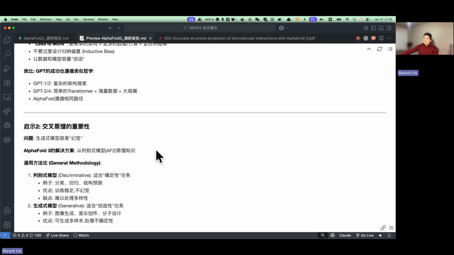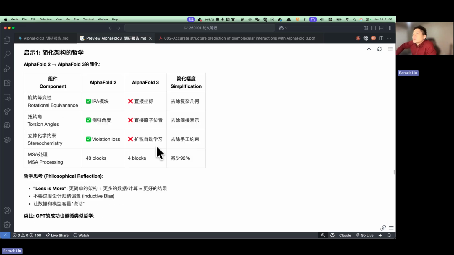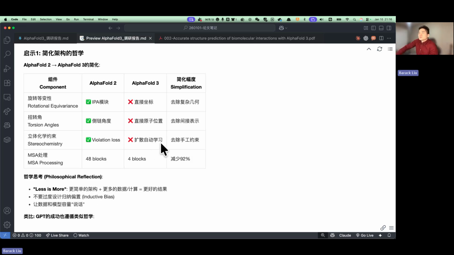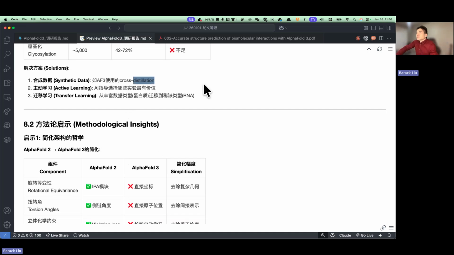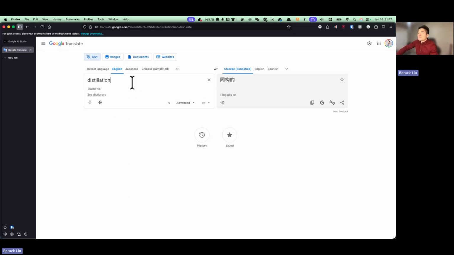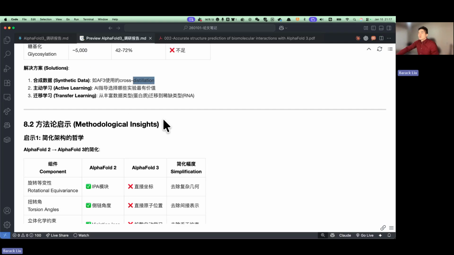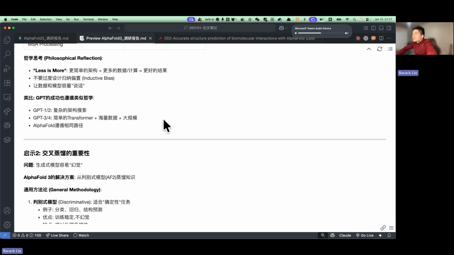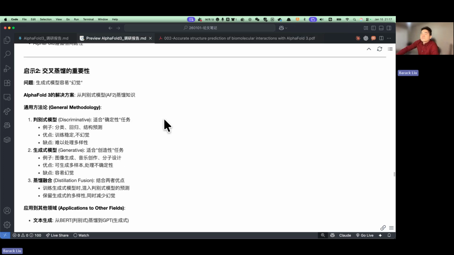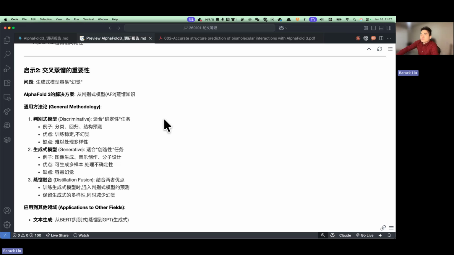Insight 2, cross distillation. General methodology: discriminative, generative, distillation fusion.